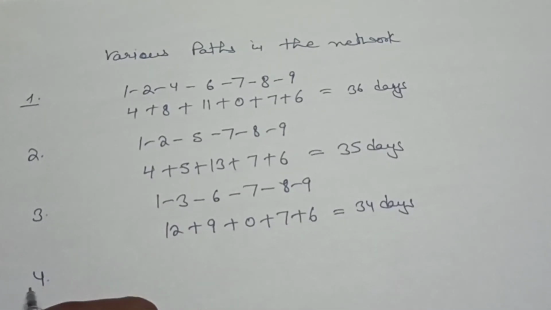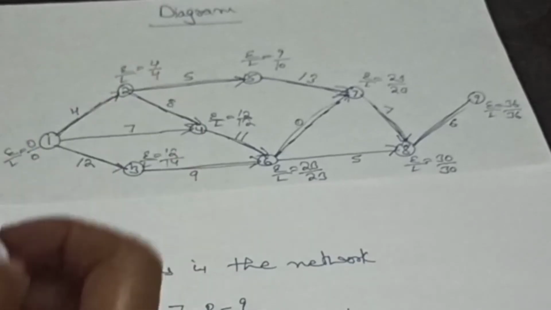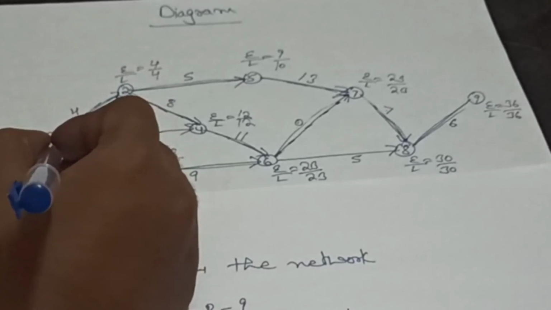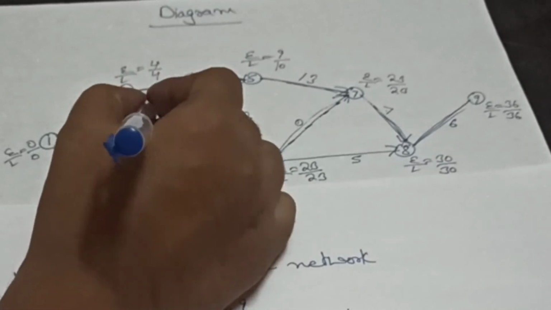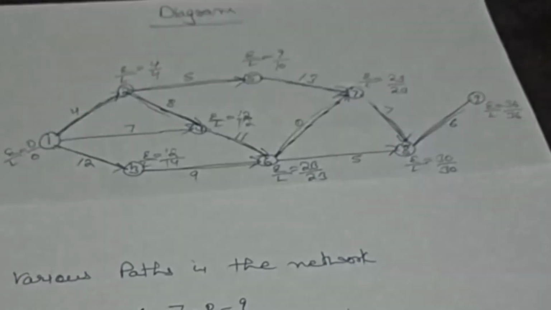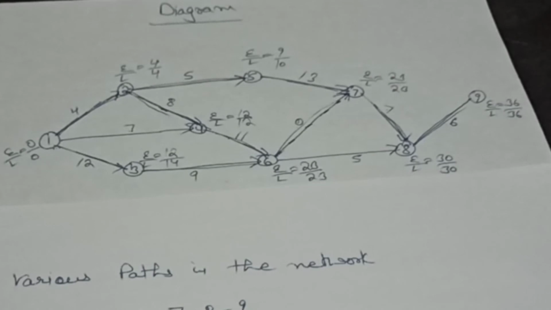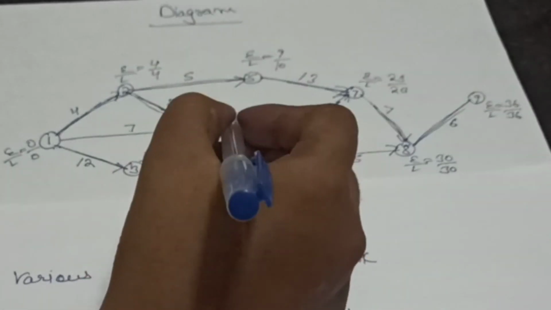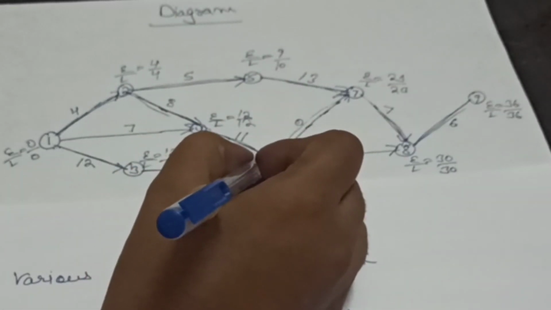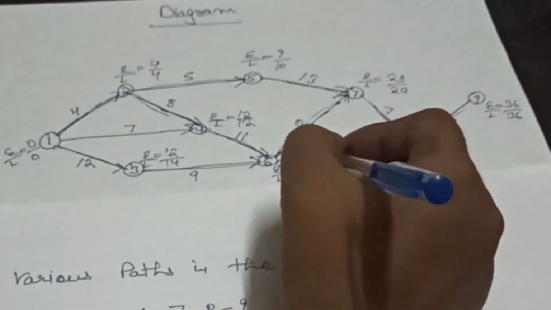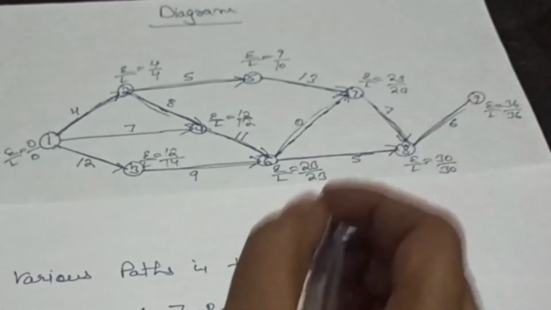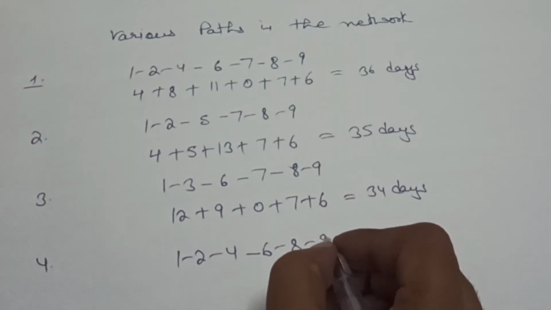Now we will find its fourth path. So we'll start with this first point 1 to 2, then 2 to 4. So we will write here 1 to 2, then 2 to 4, then 4 to 6, then 6 to 8 and 8 to 9.